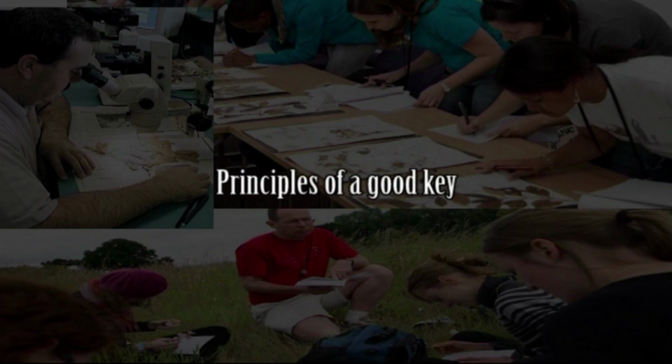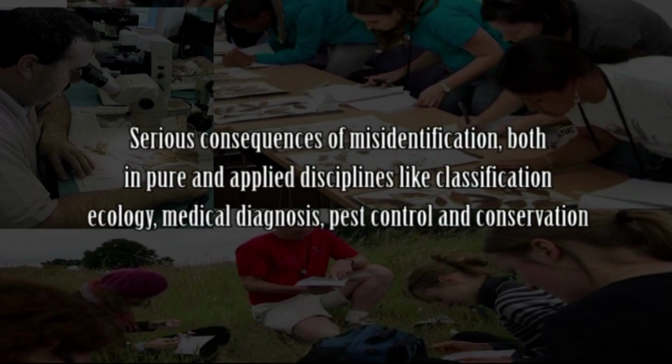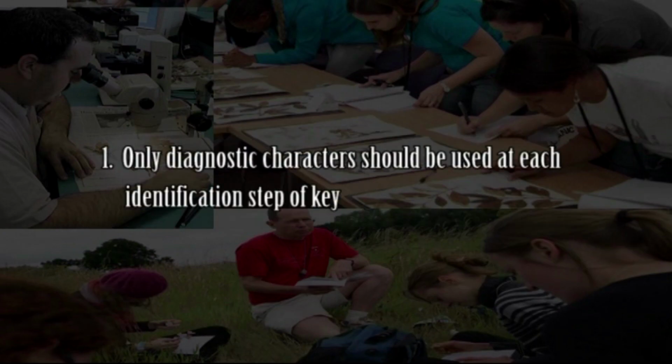Now, we highlight some principles of a good key. While constructing a taxonomic key, the guidelines which we are going to discuss should be followed so as to minimize the identification errors, which otherwise could lead to serious consequences of misidentification both in pure and applied disciplines like classification, ecology, medical diagnosis, pest control and conservation, etc. The first is only diagnostic characters should be used at each identification step of a key.